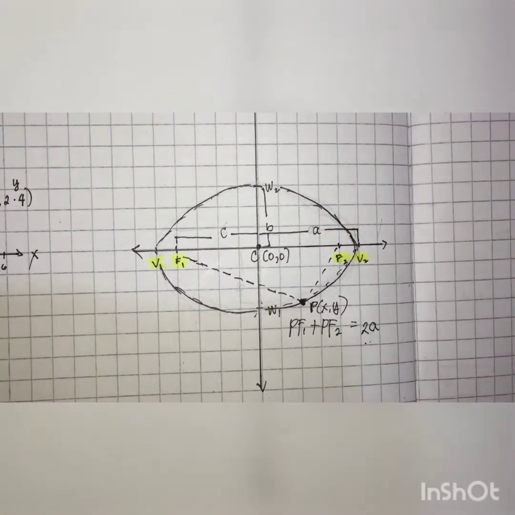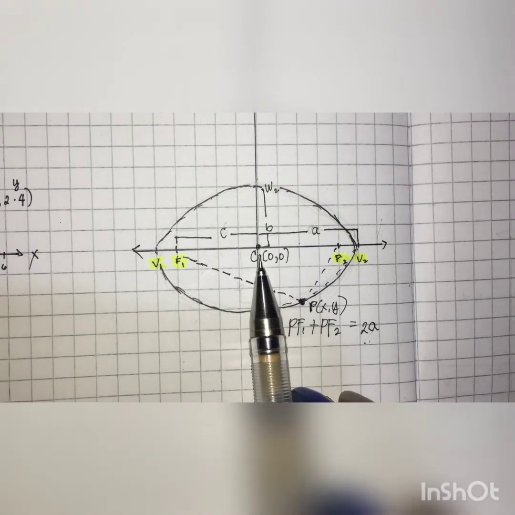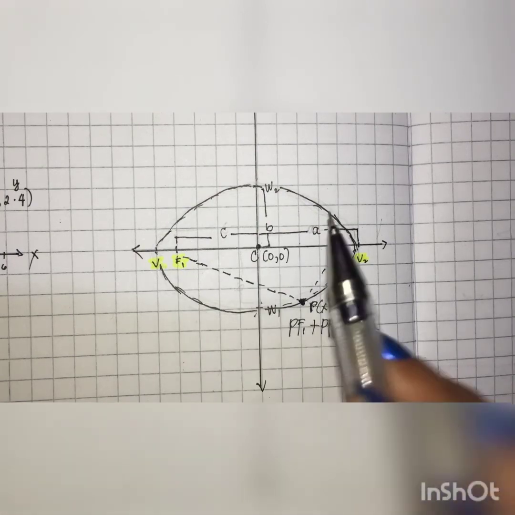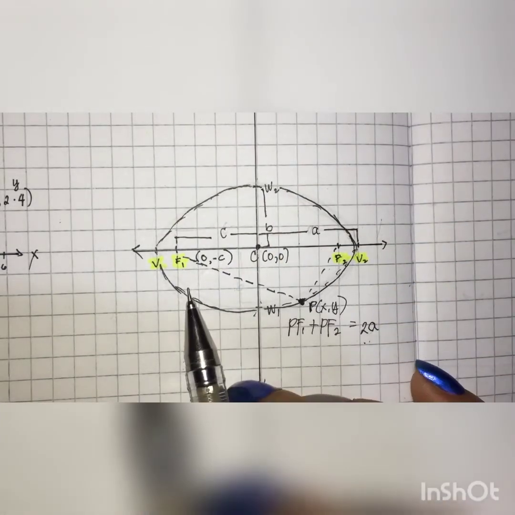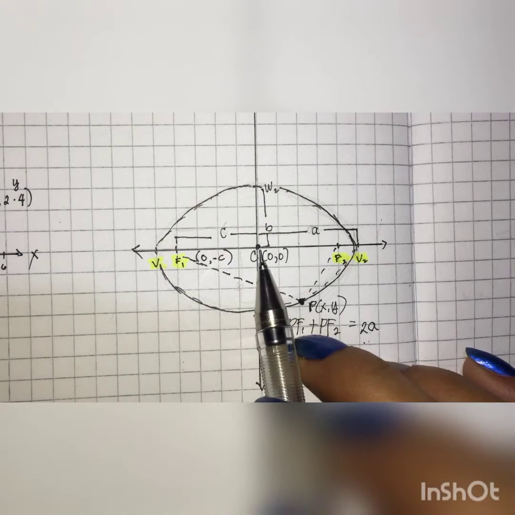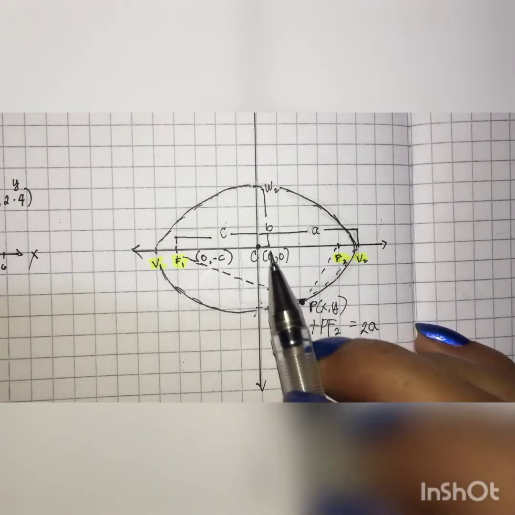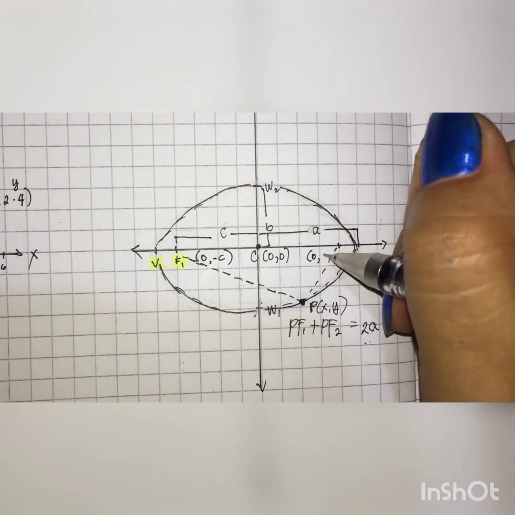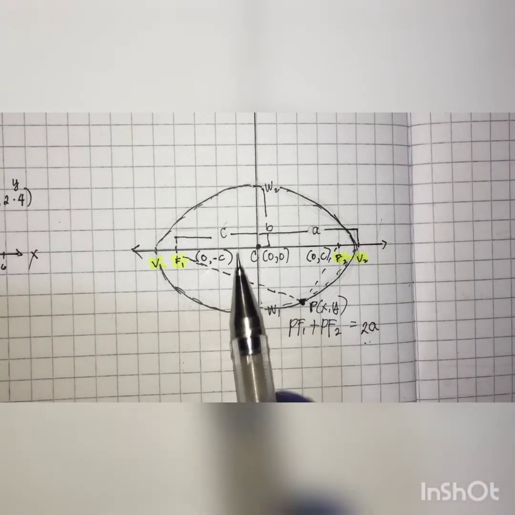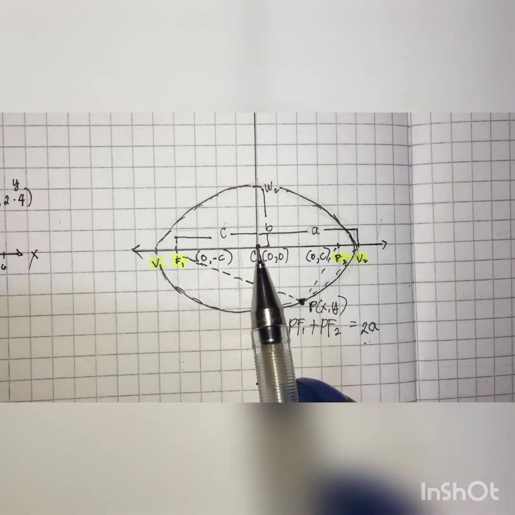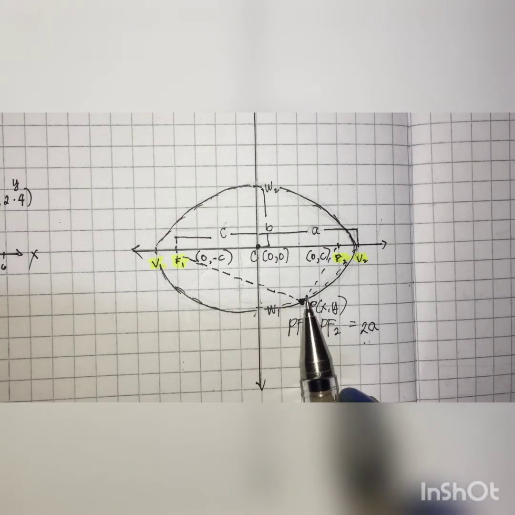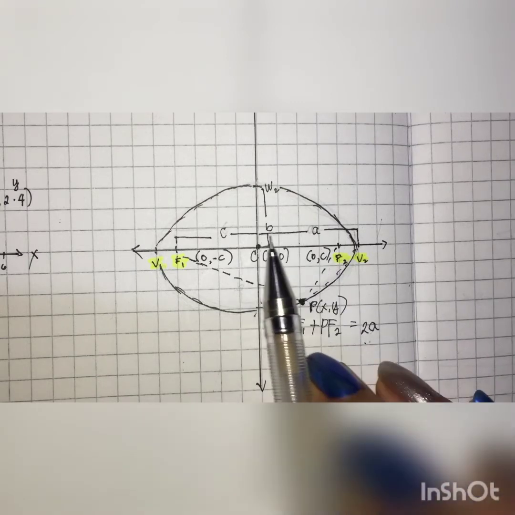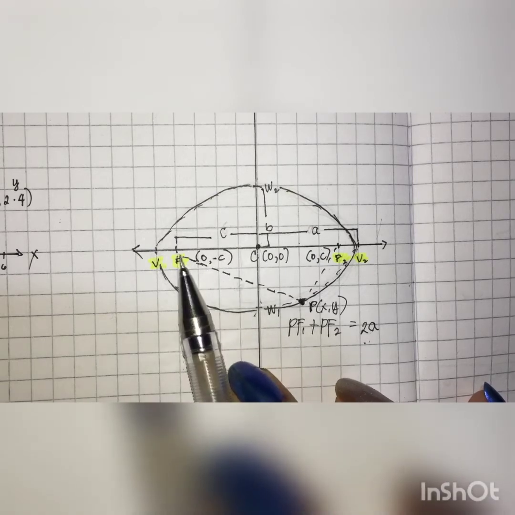And then the foci: focus 1 is 0, negative C, and focus 2 is 0, positive C. Assuming C is the unit distance from the center to each focus, each focus is C units away from the center.